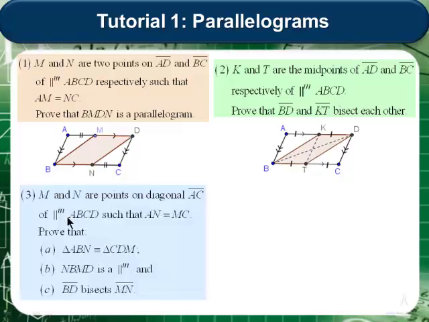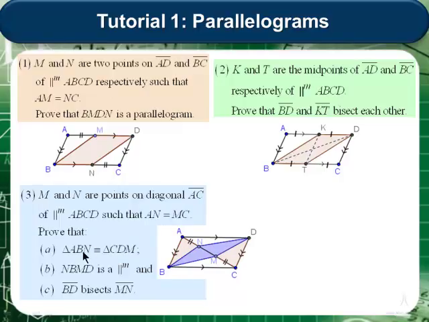In the third problem, here again we have a parallelogram ABCD, in other words opposite sides must be parallel. M and N are points on the diagonal AC such that AN is equal to MC.